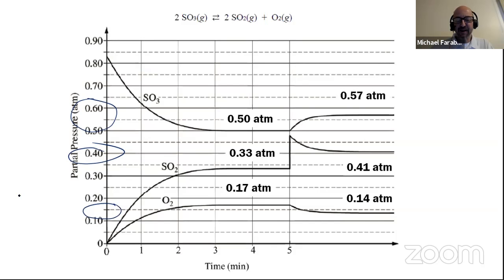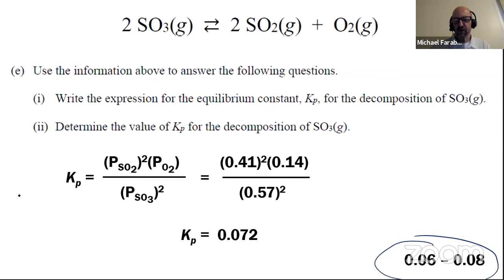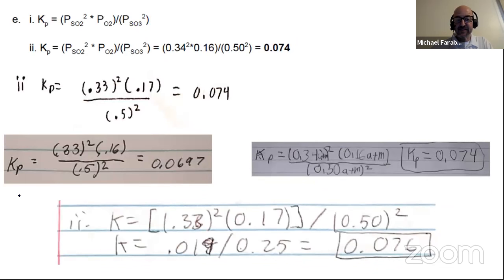So again, I estimated this from the graph. Plug those numbers in. So approximately 0.07. Depending on what the scoring guidelines were for this question, I would say in the range of around 0.06 to 0.08. Again, typed looks good. Handwritten looks good. These all look fine to me.